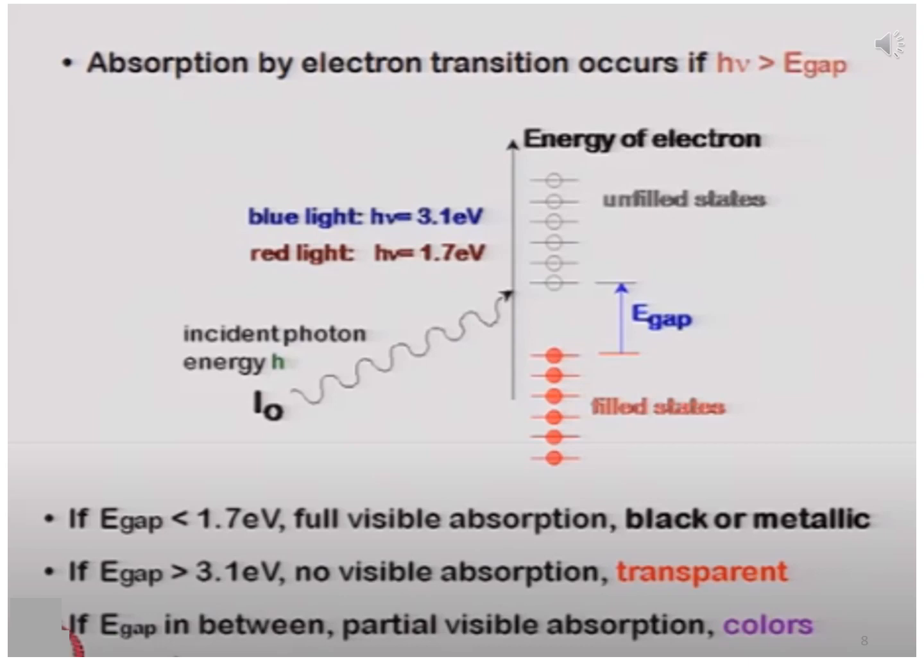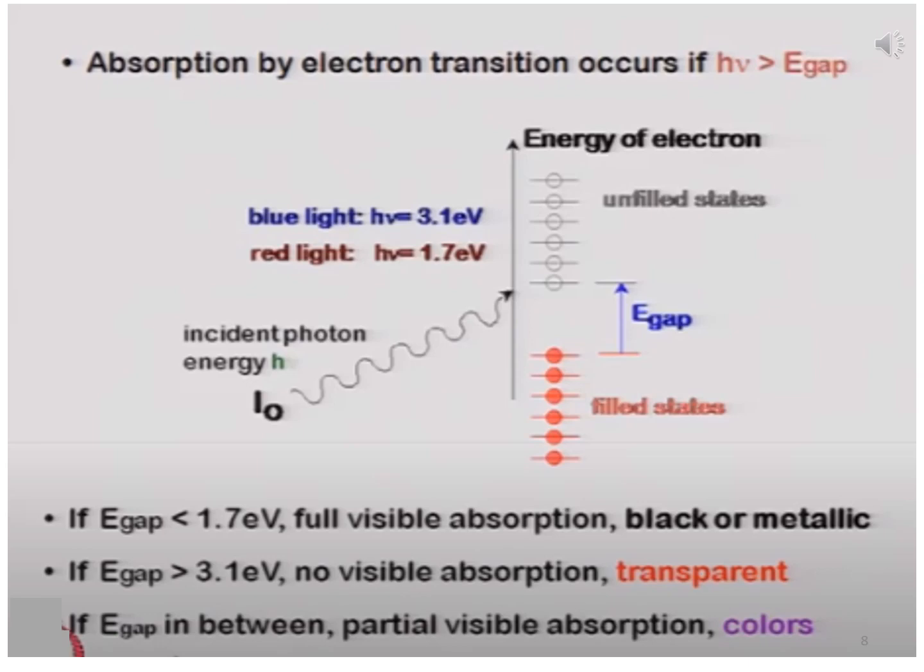If it is above 3.1 electron volt, there is low visible absorption and the material will look transparent. And if the energy gap is between 1.7 and 3.1 electron volt, then you can see different color ranges that could be blue, green, orange, red, etc.